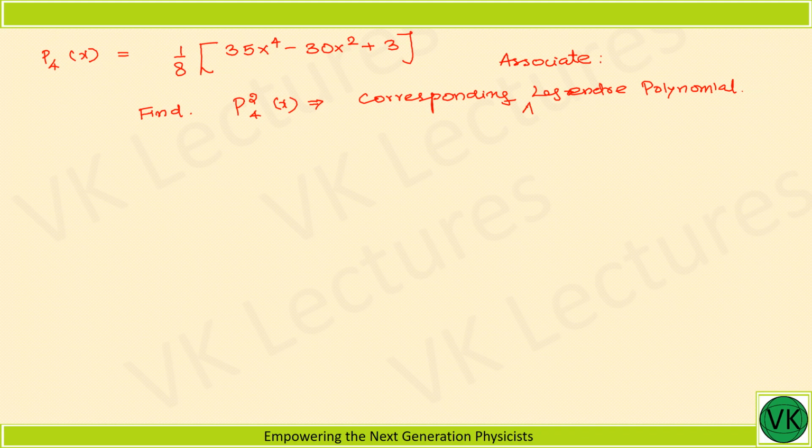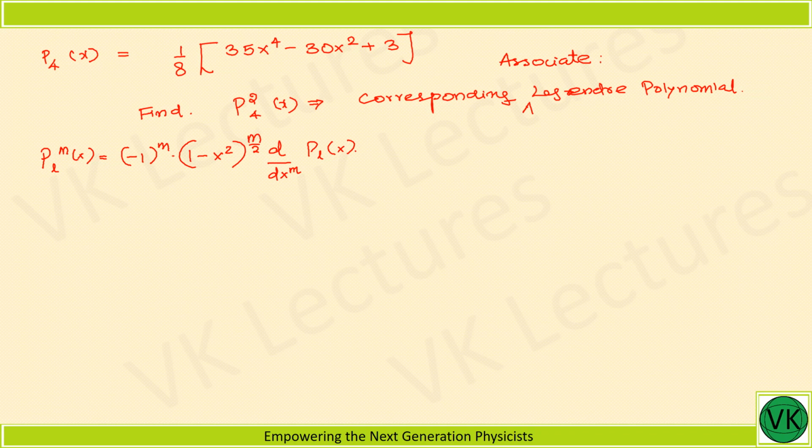Now according to the definition of the associated Legendre polynomial, we have P L m of x is equal to minus 1 whole to the power m into 1 minus x square whole to the power m by 2, and mth derivative of P L of x. So the second derivative of P4 of x is what we need.